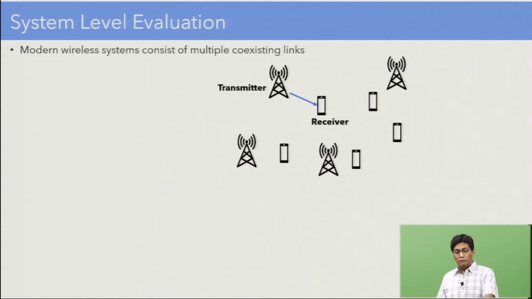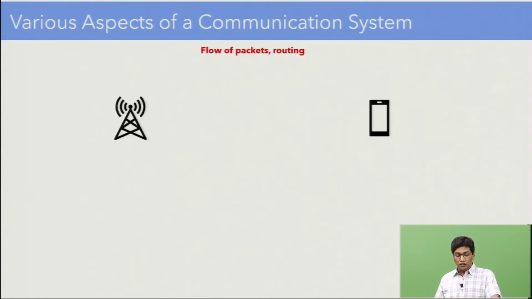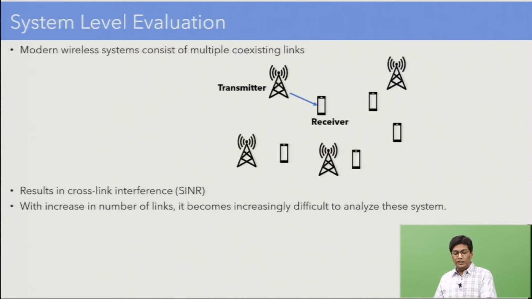So, if this particular transmitter receiver with this blue link is our desired one, the other links may be interfering with this one, and because of that you may have cross link interference. So, instead of signal to noise ratio, you are going to talk about signal to interference plus noise ratio, and this interference will increase when you increase the number of links.